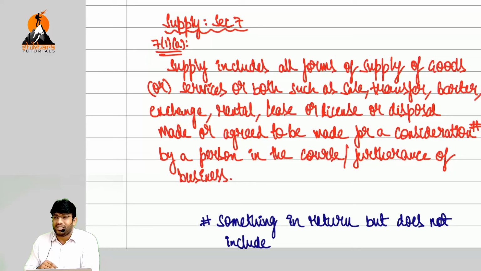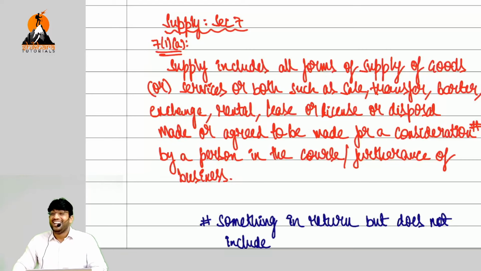Now tell me, is it supply? Yes from Lalita Jewelers' point of view, because it is in the course or furtherance of business. But from my point of view, my business is not selling old rings. No gold business.